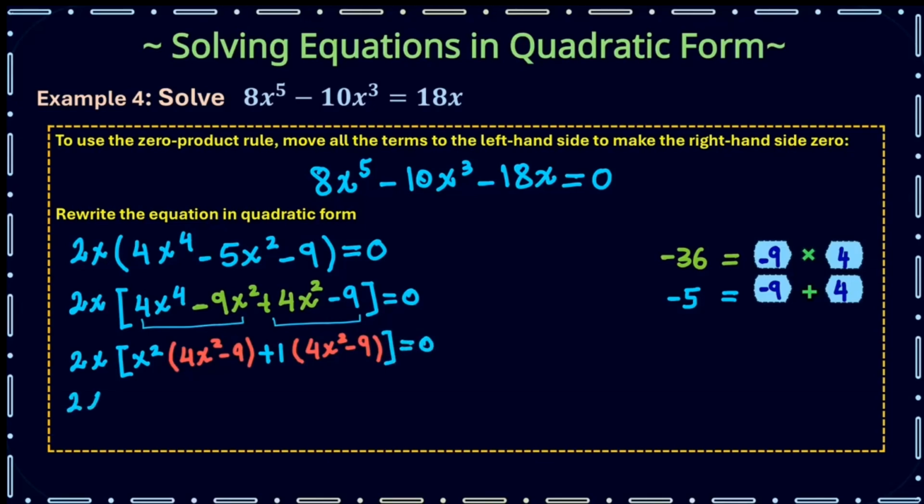Next step, carry down the original GCF. From the two groups, we can take out the 4x squared minus 9. To see what stays, open parentheses, cover that 4x squared minus 9, we're left with x squared.